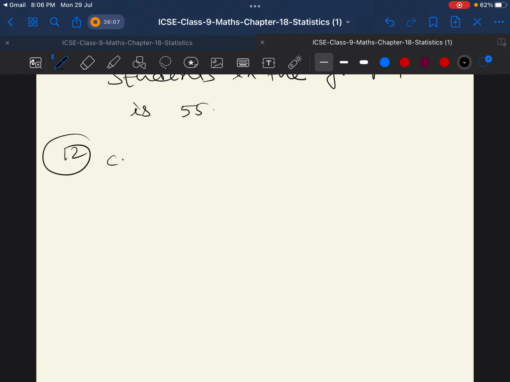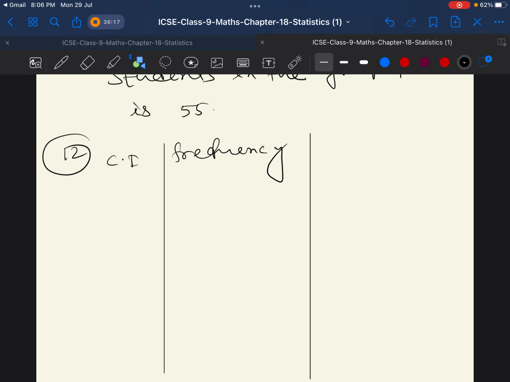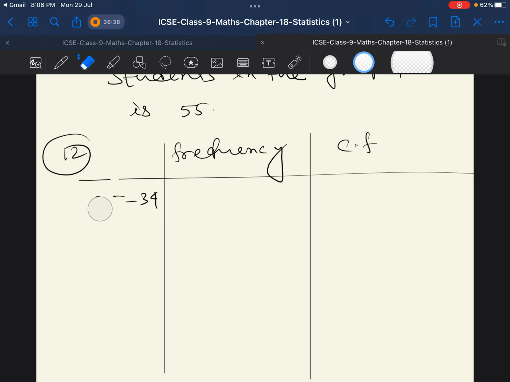Now question number 12, fill in the blanks in the following table. So class interval is here, and the frequency and the cumulative frequency, CF. So first interval is here 25 to 34. Here you notice this is the inclusive distribution, so we have to convert to exclusive distribution.